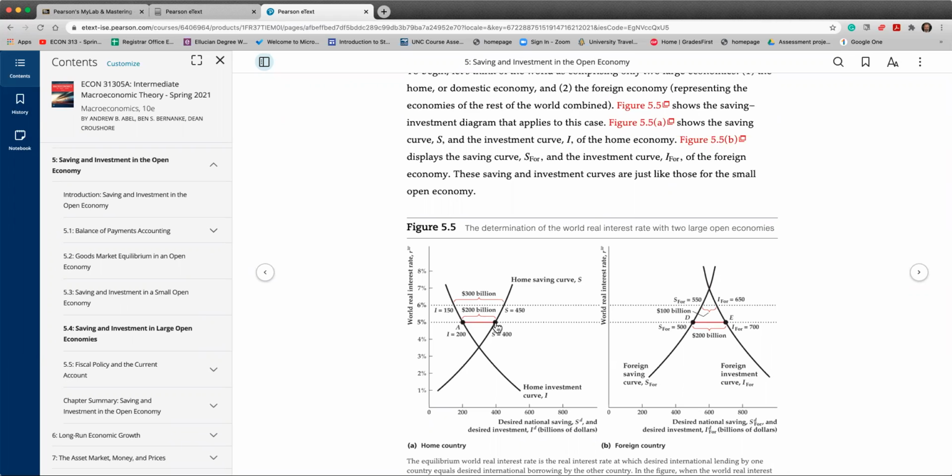So the difference between desired saving and desired investment is a country's net exports, right? Here in this case, the country is going to be a net lender, and in the other case, going to be a net borrower, with a current account deficit.